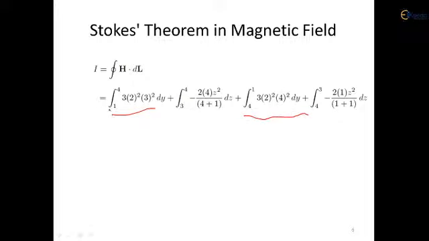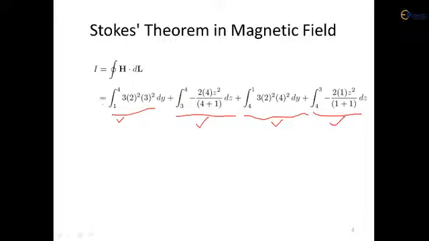Here we are going from 1 to 4 in the first part, whereas we are going from 4 to 1, the reverse path here. The same we see here for the dz component. Here we are going from 3 to 4, here we are going from 4 to 3. So only that thing is there.